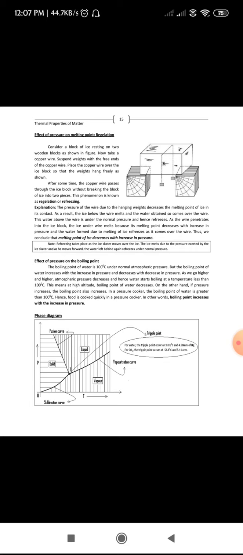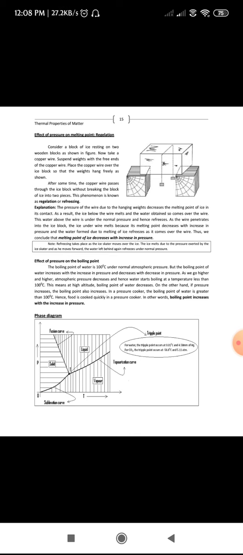Due to this increase in pressure, the melting point of ice decreases, so the ice melts and gets converted into water. Since that water is under normal pressure, it gets converted into ice again.